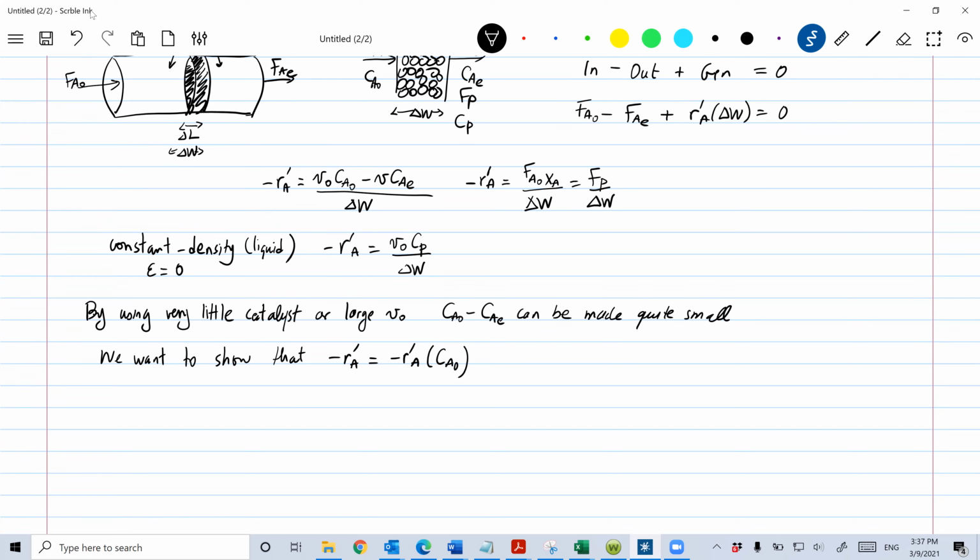That's what we want to show, and I'll tell you why that's possible. Of course, because you have a concentration in the catalyst bed. So you have concentration going in, some concentration in the catalyst bed, and concentration going out. So first thing you can say, we want to show that's the case.